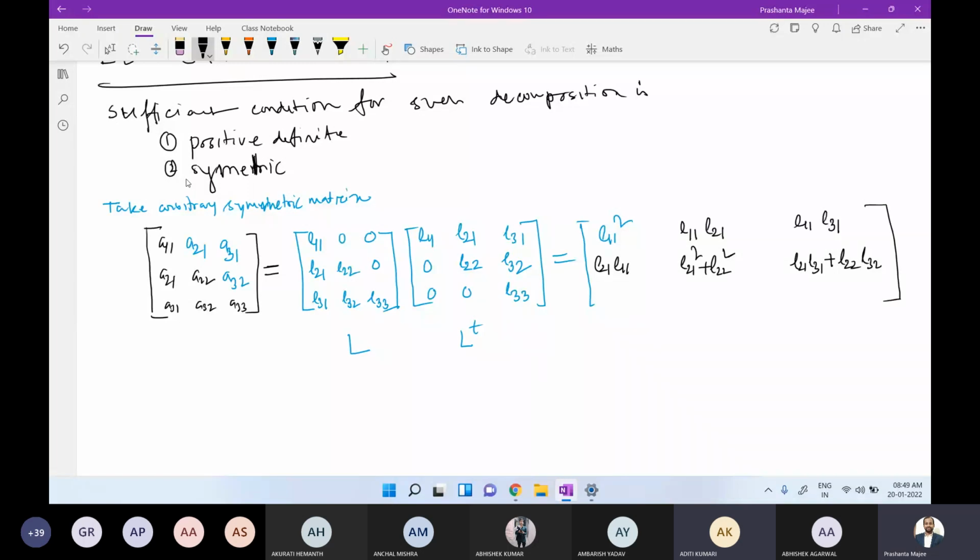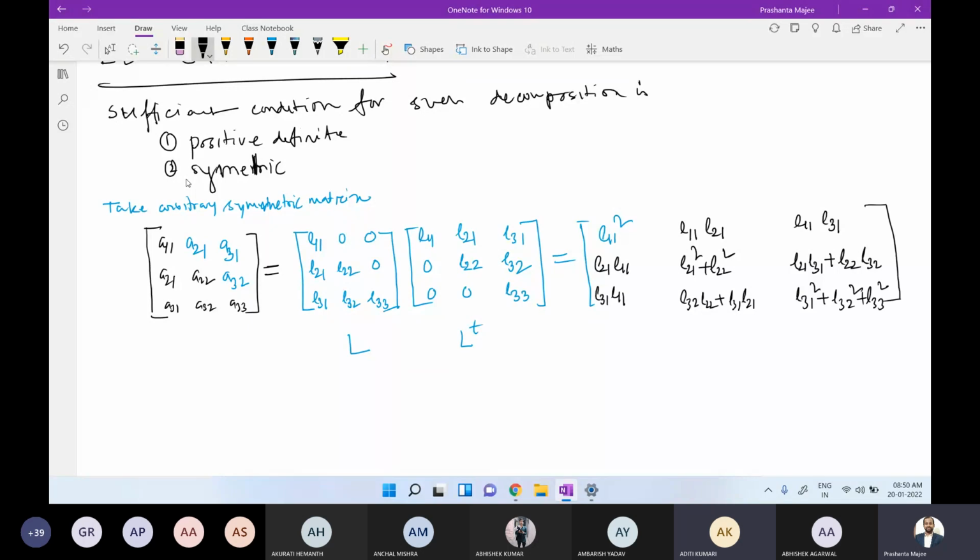Now the third row: L31 L11, L31 L21 plus L32 L22, and the last element will be L31 square plus L32 square plus L33 square.